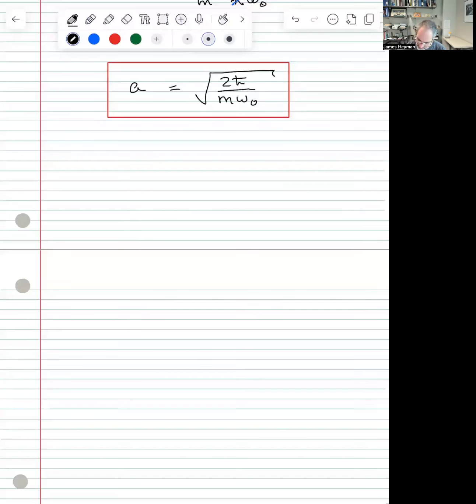All right, at this point, we're ready to put in numbers. For the oscillator, m here is the reduced mass of the oscillator system, which we found was 0.97 times the atomic mass unit.